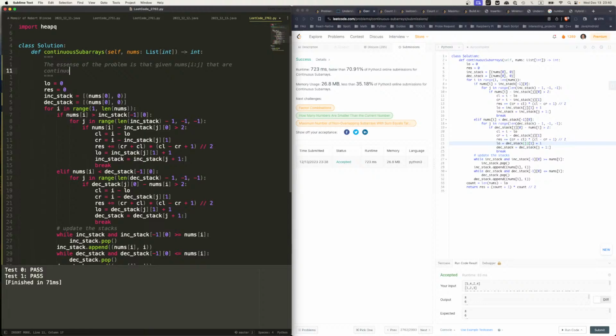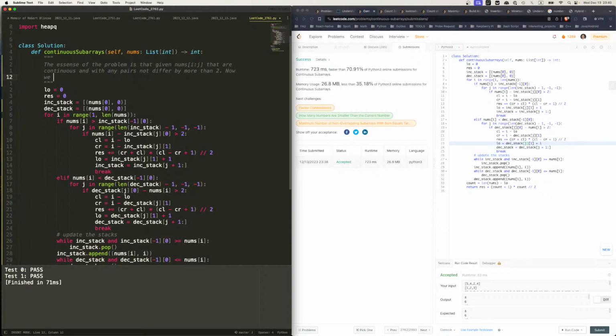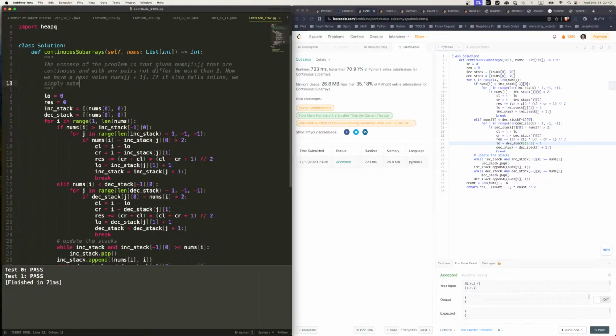Continuous, and with any pairs not differ by more than 2. Now we have the next value, nums j plus 1, right? If it also falls in line we simply extend the array.